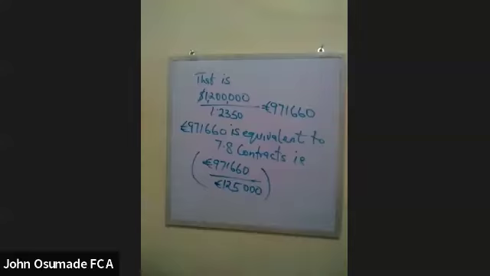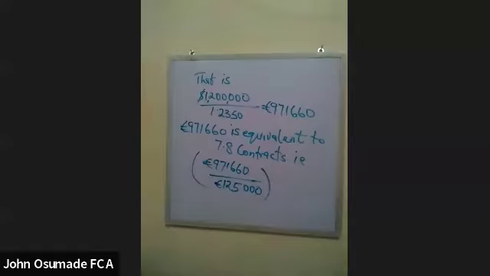But if it buys 8 contracts, it will be hedging 1 million euro. In both cases, the hedge is imperfect. Whichever way you look at it, the hedging is imperfect.